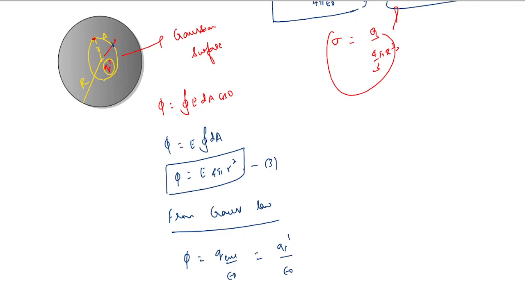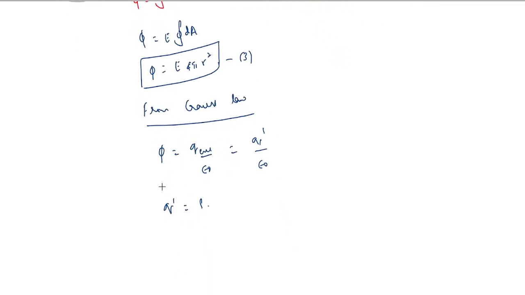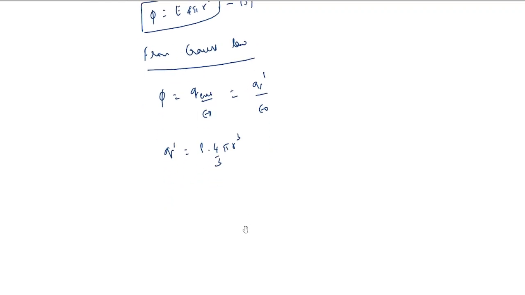That is also a sphere, so the volume is 4 by 3 pi r cube. That would mean the electric flux is equal to Q dash, which is rho into 4 by 3 pi r cube by epsilon naught. We call this 4.